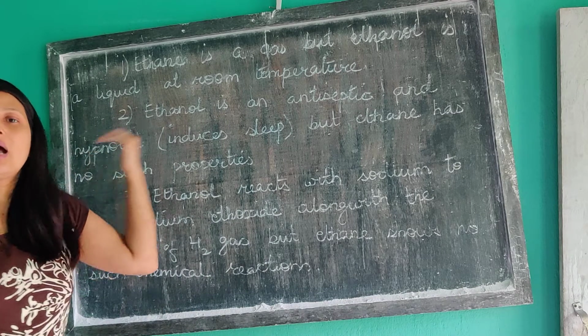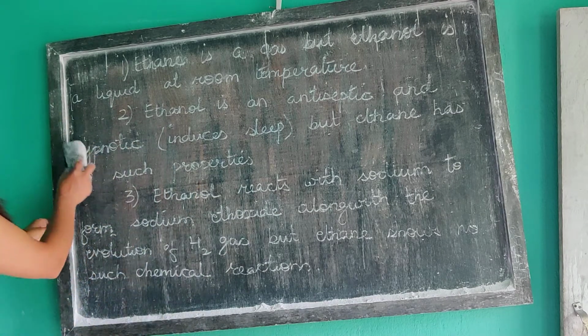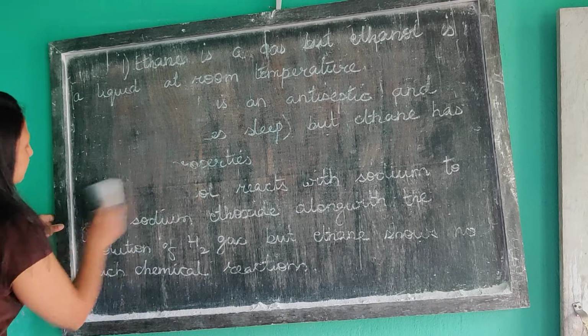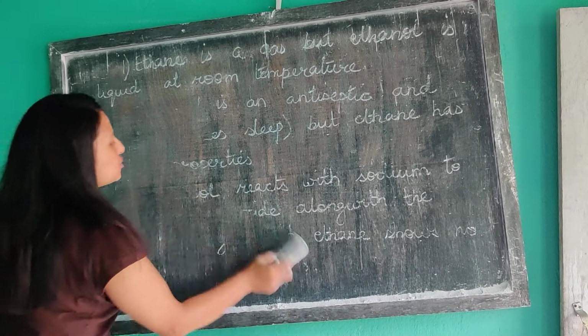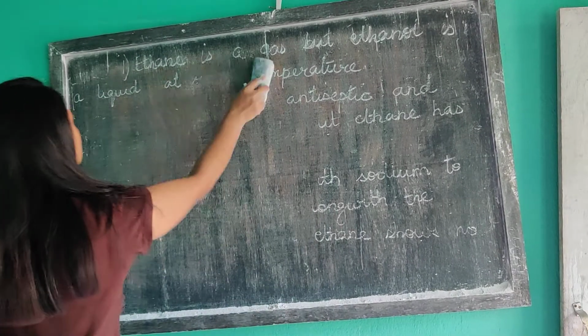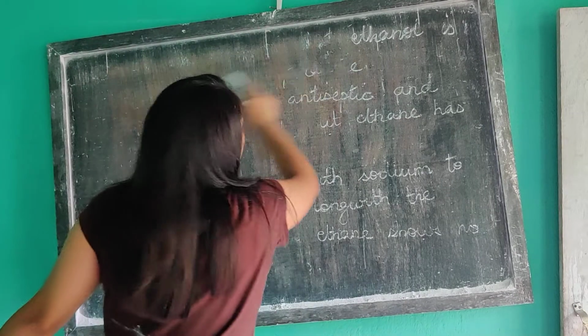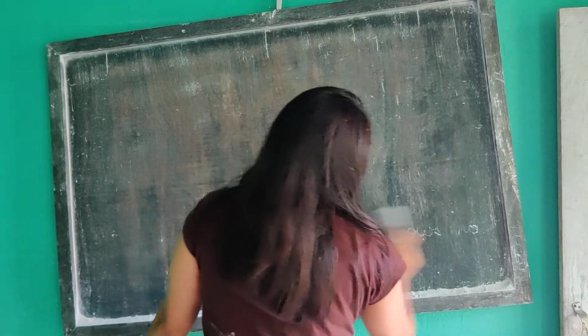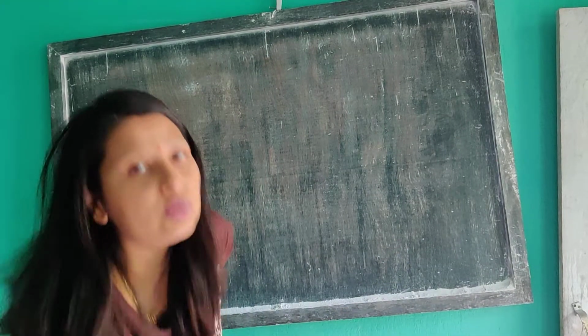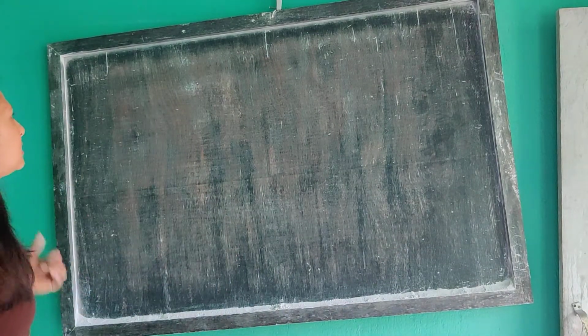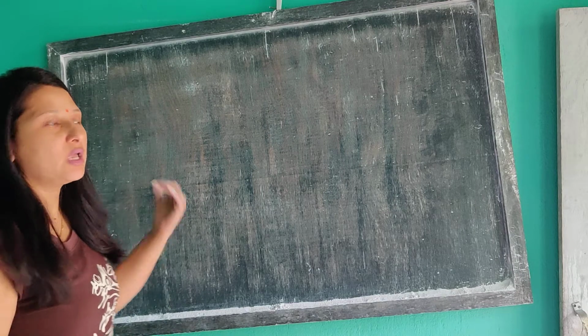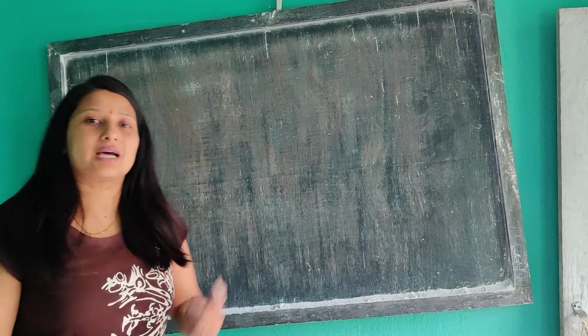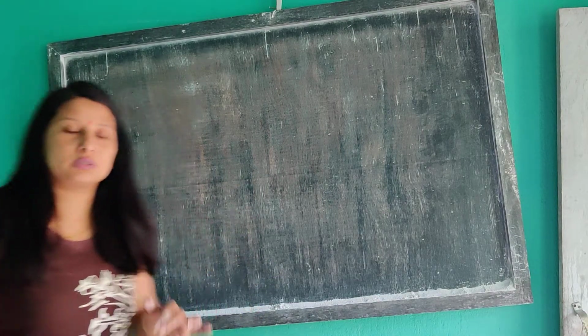The functional group in ethanol is hydroxyl group. And because of the presence of the functional group, the chemical properties of the carbon compound also change.